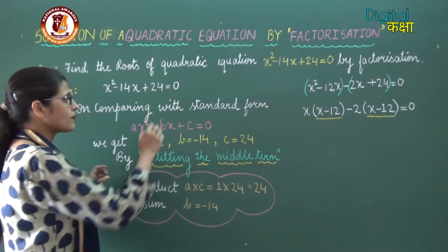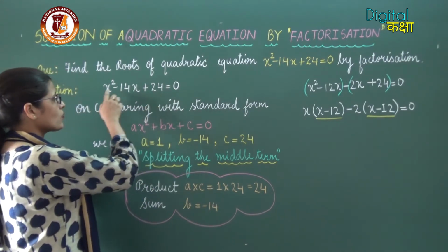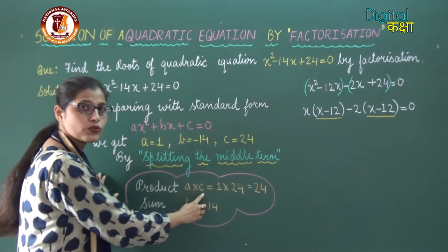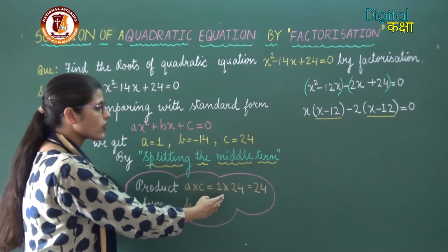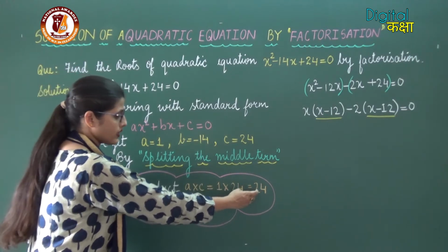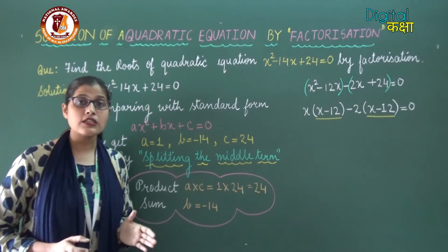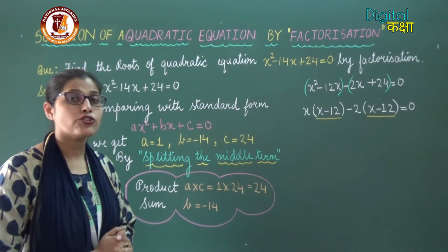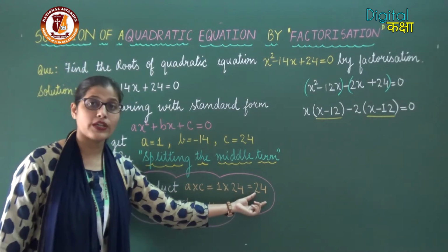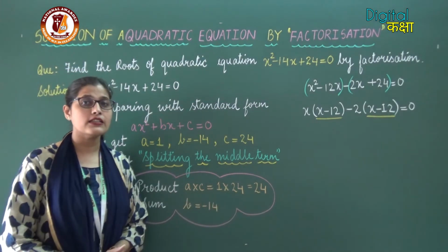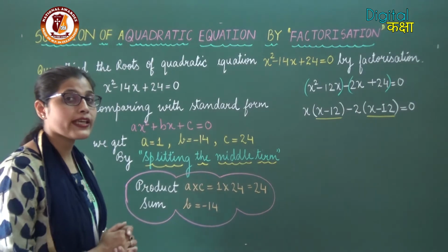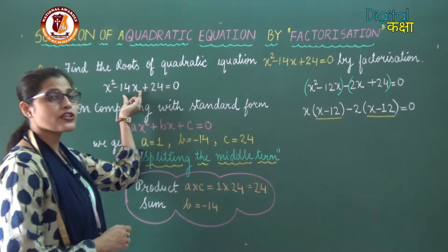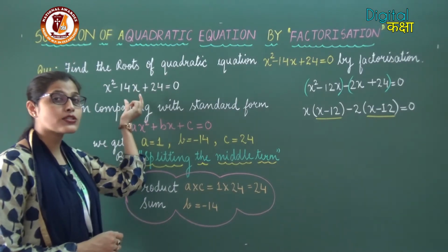So, we will multiply the constant with the coefficient of x square, which is a into c. So, it will be equal to 1 into 24. We want such factors which on multiplication should give us the number 24, and the sum should be equal to the value of b, which is the coefficient of x, equal to minus 14.